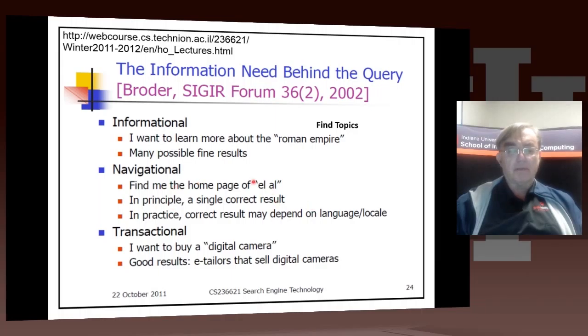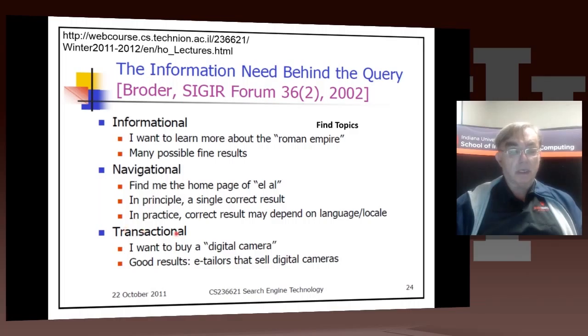Navigational. Well, if I'm flying United, I would type United.com, which I am about to do later today, to fly to Chicago from Indianapolis, I would want the United.com website. And that's finding home pages. This is an Israeli slide, and so for Israel, the airline is El Al.